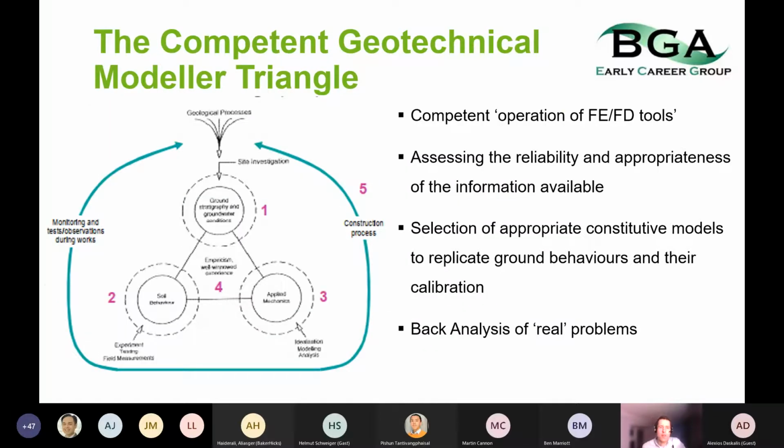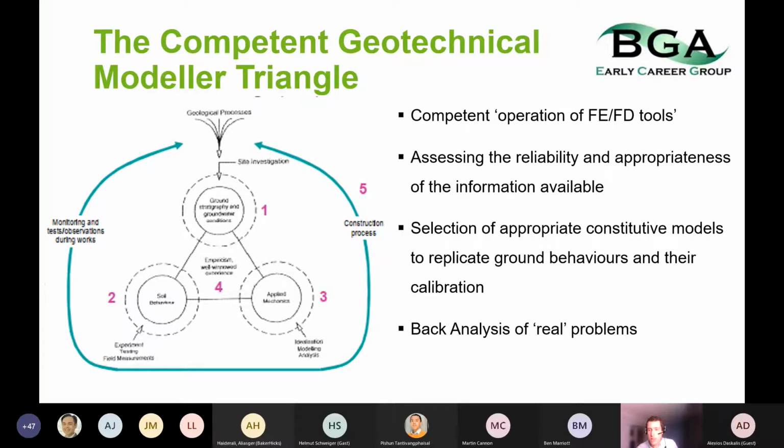So when we talk about competency, we try to encapsulate this. First of all, there are the core geotechnical engineer experiences that are well summarized in Burland's geotechnical triangle on the left there. But there are other competencies that the numerical modeler for geotechnical problems really needs to capture.